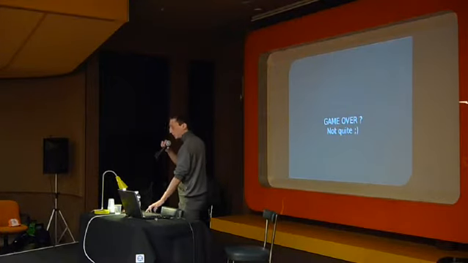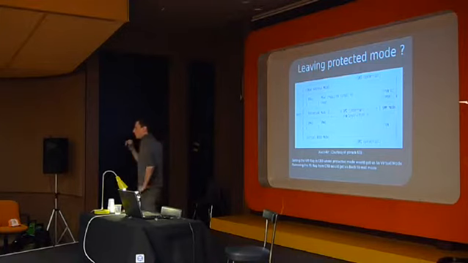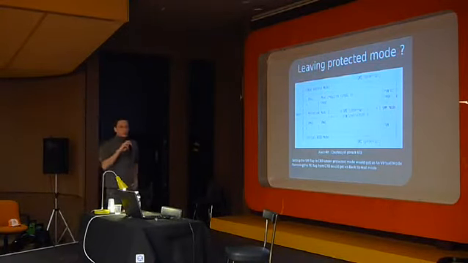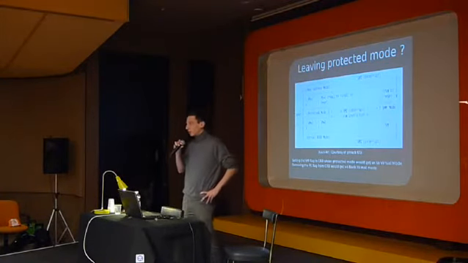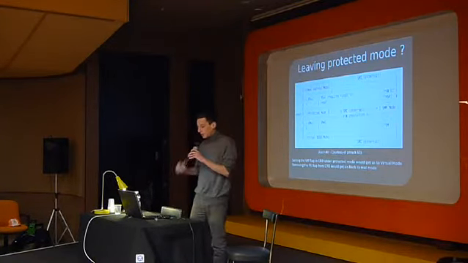So it looks like game over. What we could try to do is somehow, from a protected mode task, try to get back to either real mode or virtual mode. So we can restart doing addressing, disable segmentation, disable paging, and restart having fun with interrupts.